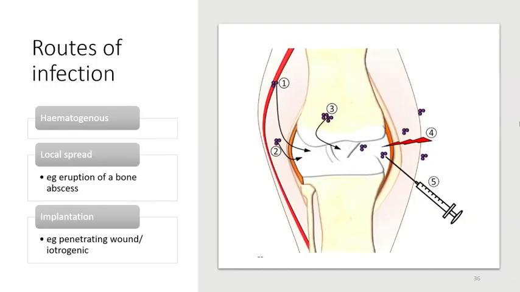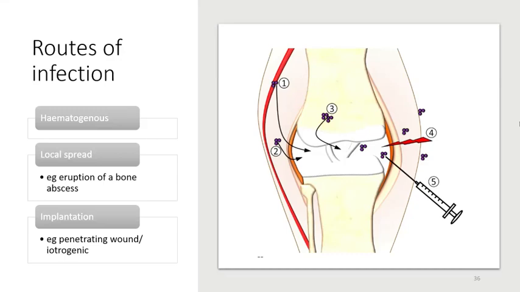First we'll talk about the route of infection. This is similar to the route of infection of acute osteomyelitis. It could be hematogenous, through the bloodstream. It may be due to local spread from a bone infection, or direct involvement of the joint, or implantation after a trauma into the joint, or sometimes iatrogenic causes like intra-articular injections, because patients who have arthritis due to other reasons, maybe osteoarthritis, may get steroid injection directly into the joint.